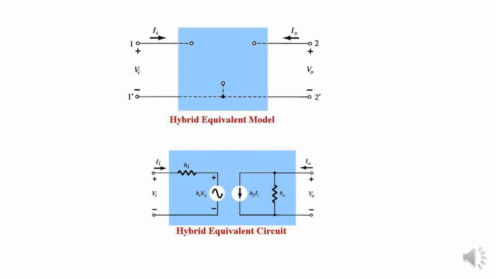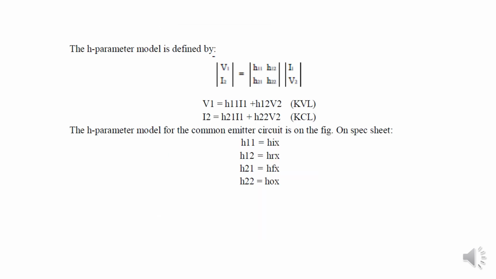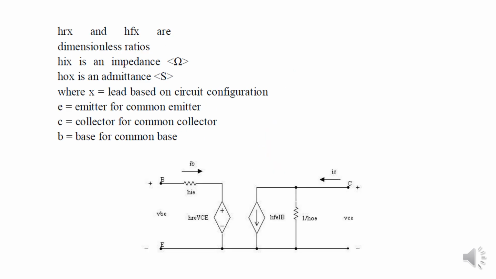The H parameter model is given by this equation, and the model of the common emitter configuration or specification sheet is given by this equation. Here E is the emitter for common emitter, C is the collector for common collector, and B is the base for common base.